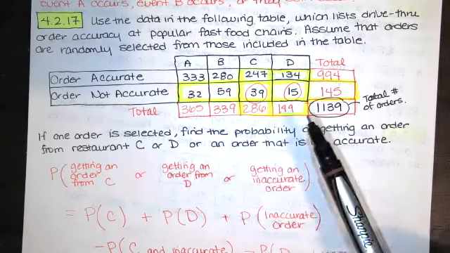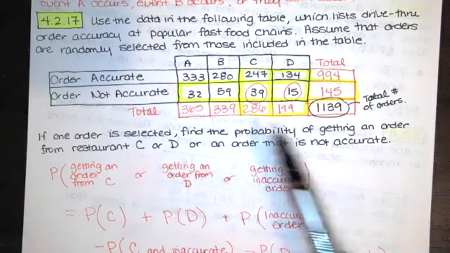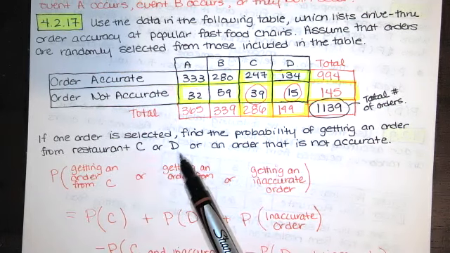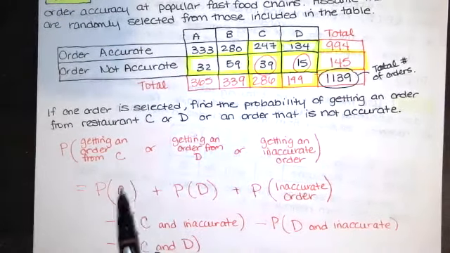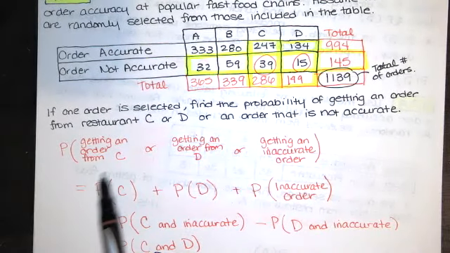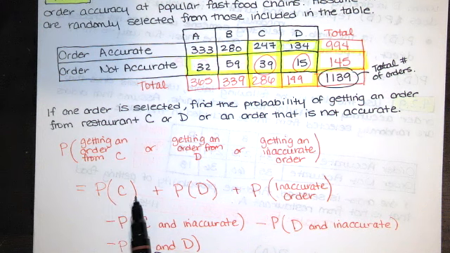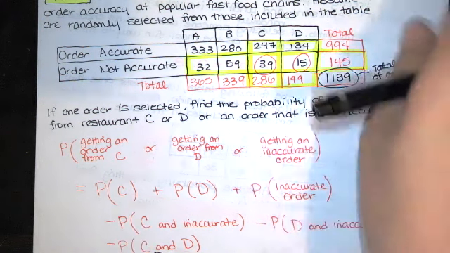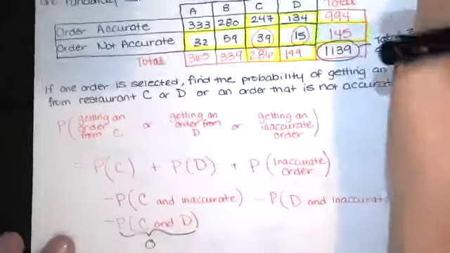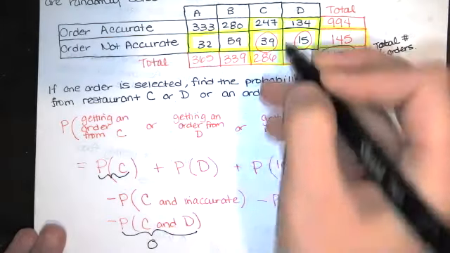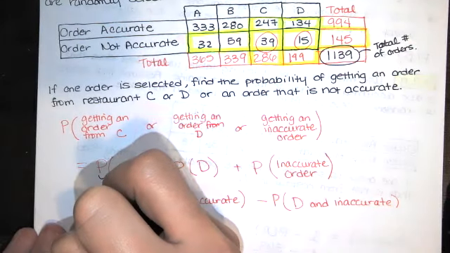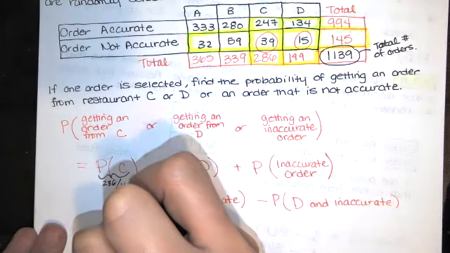So if I want to use the addition rule to find the probability of getting an order from restaurant C or D, or an order that is not accurate, I need to take the probability of choosing an order from restaurant C, which we can write down right now because of our work up here. The probability of choosing an order from restaurant C is 286 divided by 1,139.